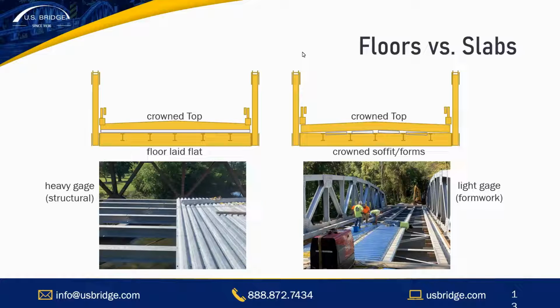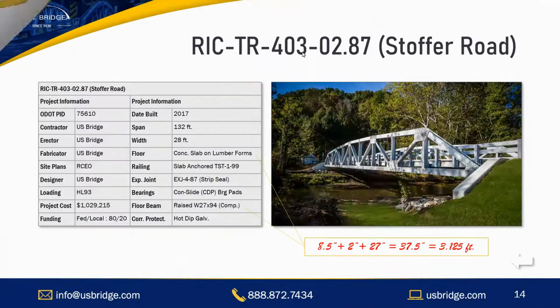It's going to be a structural deck that's built, and the form work is not structural. It's light gauge, just enough to hold the wet weight of concrete and construction crews. Contrasted again back to the floor construction, the floor is structural. It's heavy gauge corrugated steel floor, or you'll see in a minute some laminated timber panels that are structural. Those are options for floor construction and slab construction.